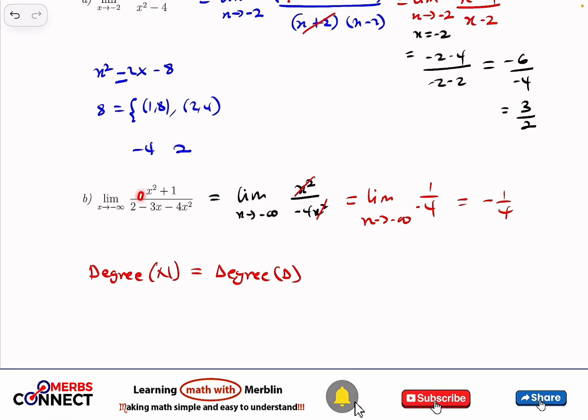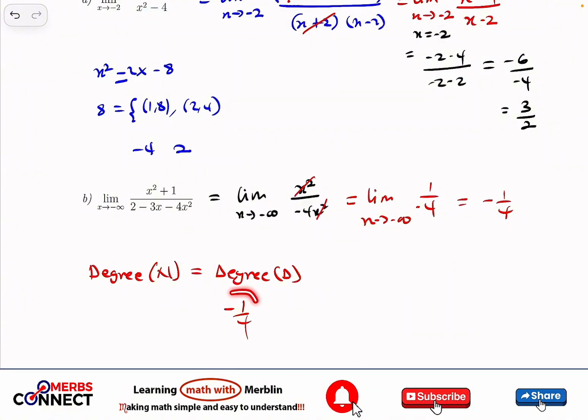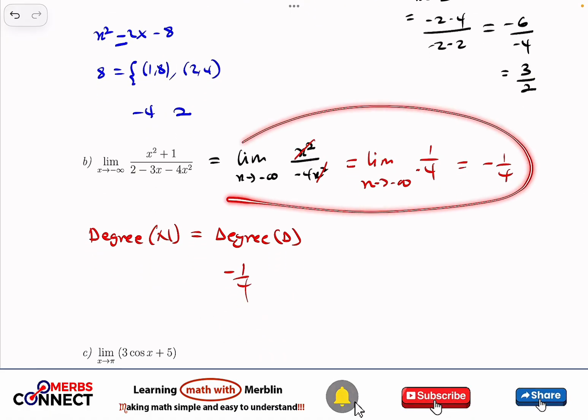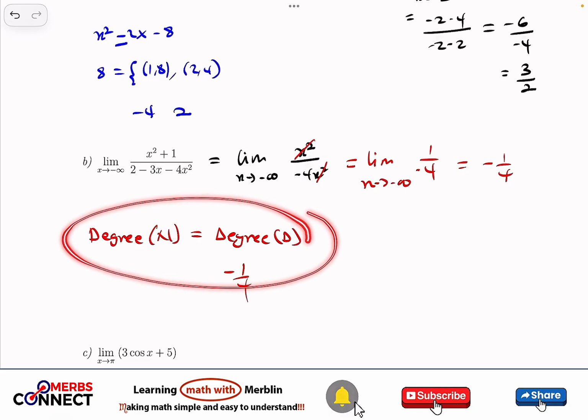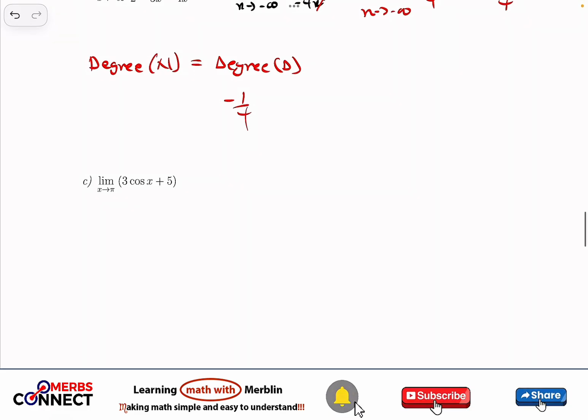The coefficient of this is 1, the highest degree here is 1, and the coefficient of this one is minus 4. So this is going to give us minus 1 over 4, because I just picked the ratio of the coefficient of this divided by the coefficient of this. So that's what I'm going to get from here. Any of them works. You can just use this or use this. You can also divide, but that one is too long, so let's stick to these two.